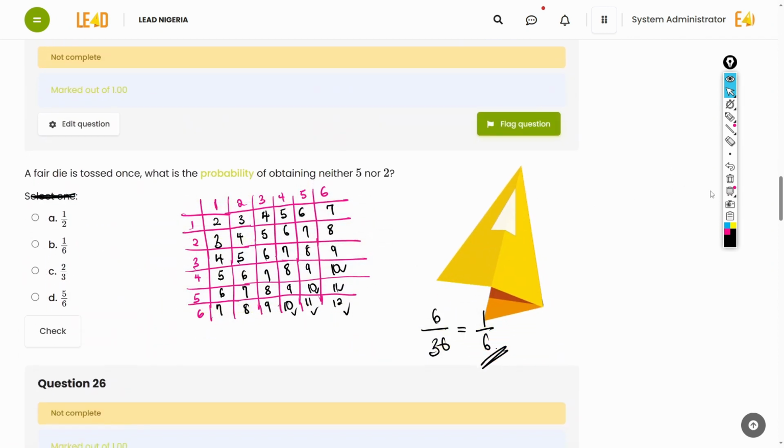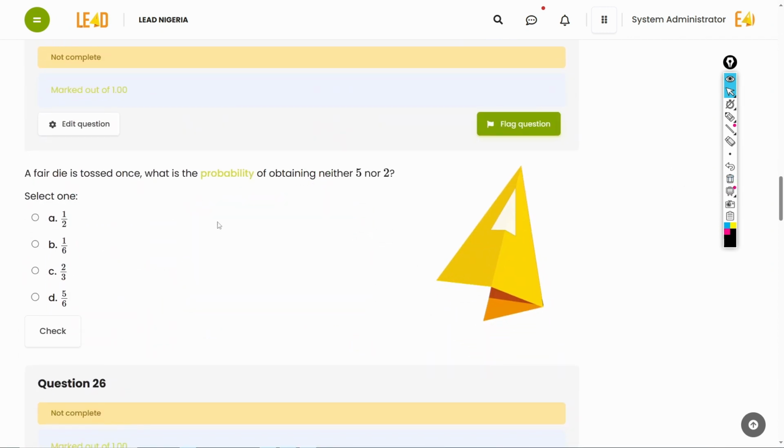Okay, question 25. If a fair die is tossed once, what's the probability of obtaining neither 5 nor 2? All right, so we don't want 5, we don't want 2, right? So that will be 1 minus the probability of obtaining 5 plus the probability of obtaining 2, right? So we get the probability of obtaining both of them, and we subtract that from 1.